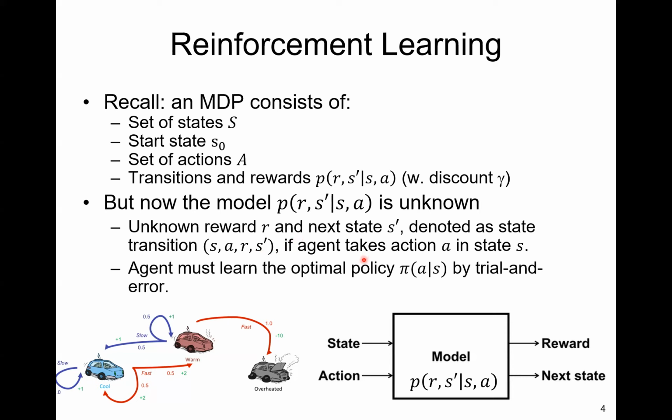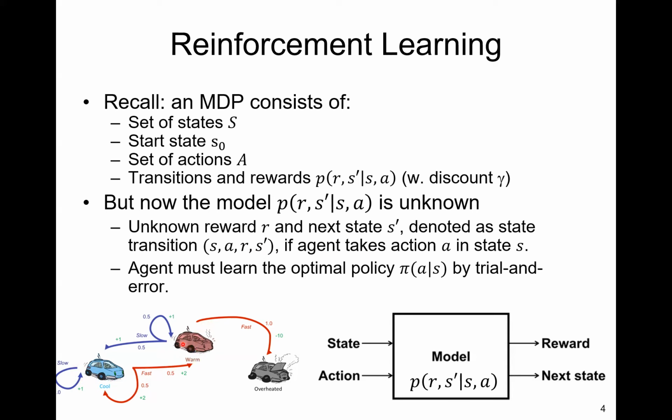So here's a simple MDP with a car. Normally it's cool. If it drives slowly, it stays cool. If it drives fast, it may get warm or may not. If it's warm and you drive fast, it will be overheated.